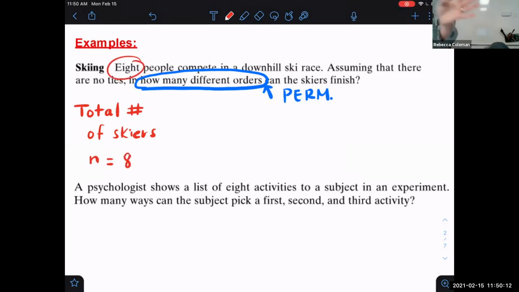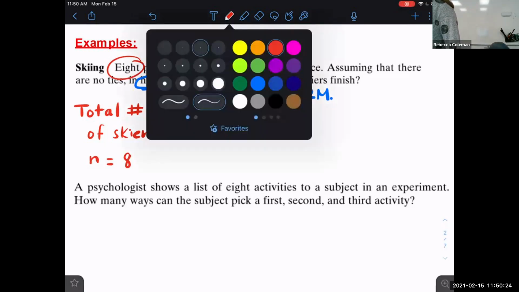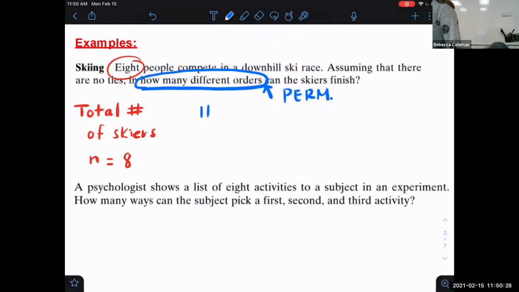So in all of these formulas, when you see N, that's all it is, the total number of objects. Now the very first formula or rule tells you that you can count the number of permutations, or ordered arrangements, by taking N factorial.